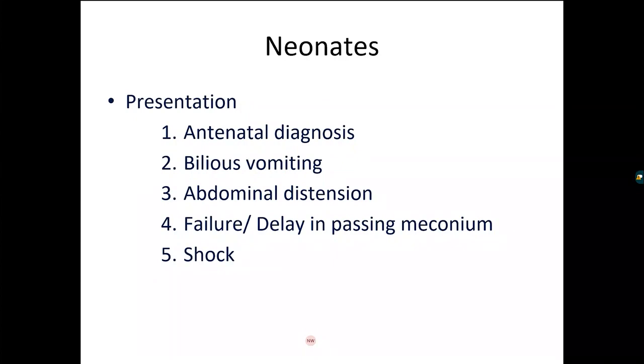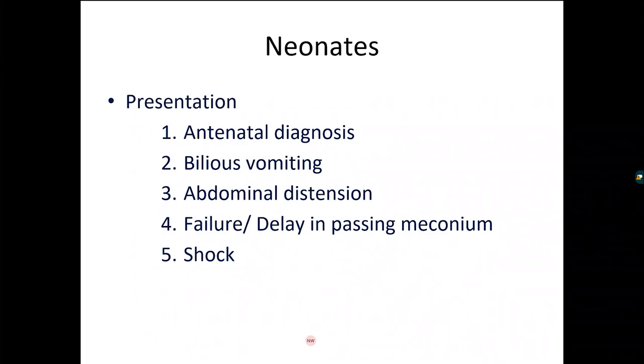One classic example would be a newborn with possible duodenal atresia, which can easily be detected antenatally. Postnatal features are bilious vomiting, abdominal distension, and failure or delay in passing meconium. Those are the classic features of intestinal obstruction in newborns.